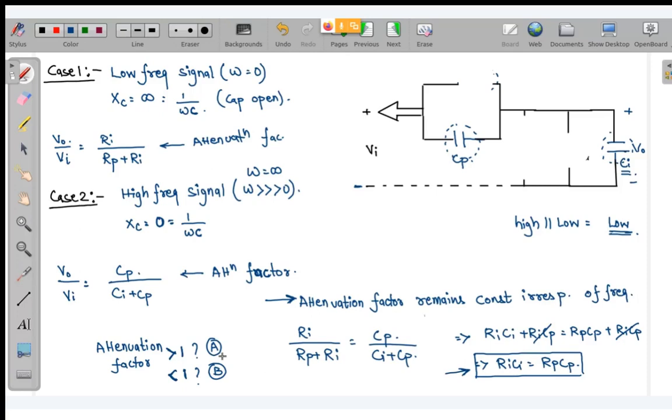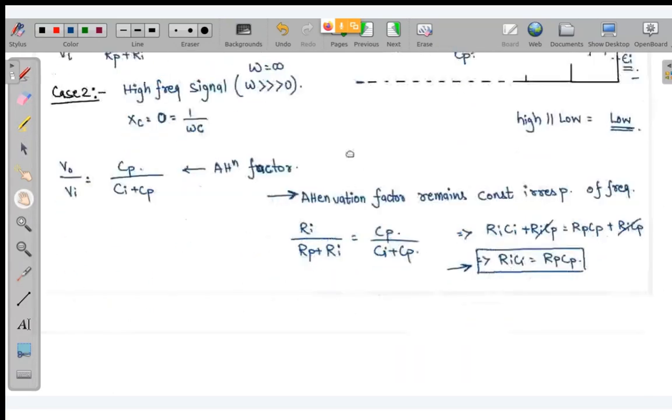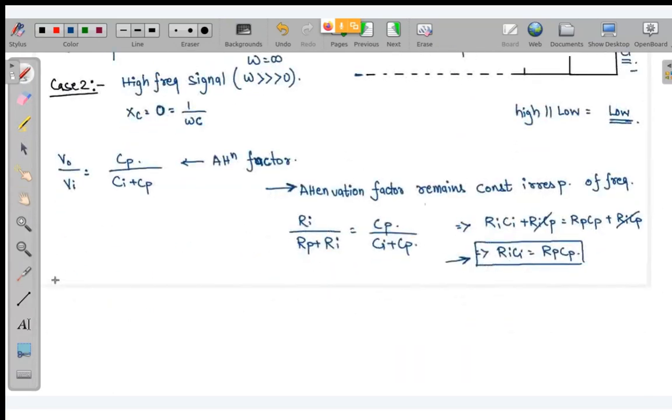So now let me assume that your attenuation factor is equal to 1 by n. Okay, if it is equal to 1 by n, so what I can write?